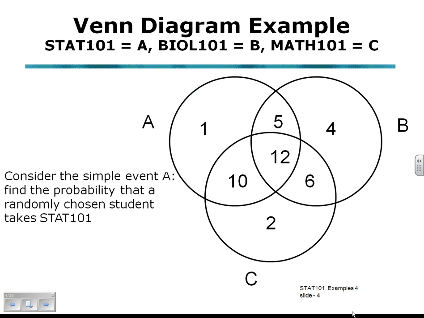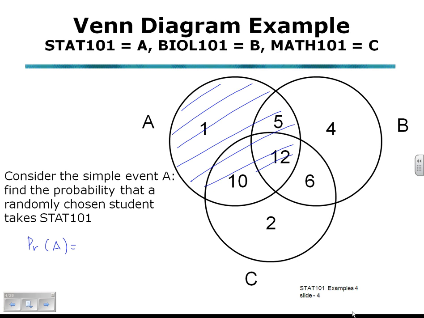Total sample 40 students. First question, considering the simple event A, find the probability that a randomly chosen student takes Stat 101. Probability of A, all the students that fall within the shaded circle A, the circle shaded in blue.